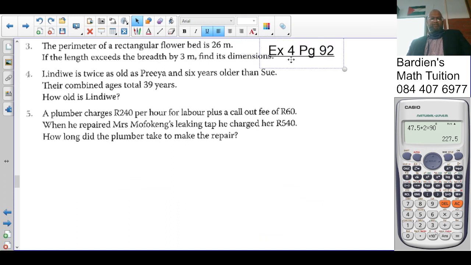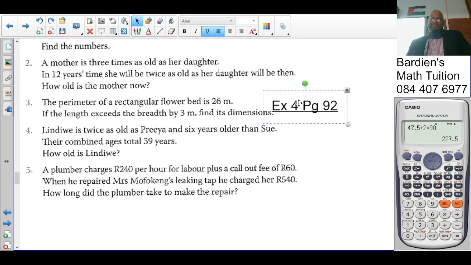Number 3? Somebody said number 2. What did you get for number 2? 36. What did you get for number 2? You didn't do number 2. My word.